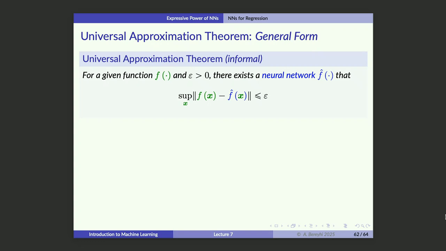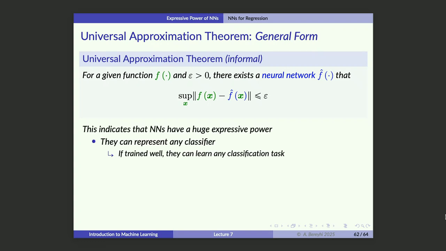Questions? No question? Okay, so now what I showed you here was that if you have a very complicated function, you can always make one neural network, and that neural network can approximate that function very accurately. So if you have a classification problem, you can learn that classification task properly by a neural network.